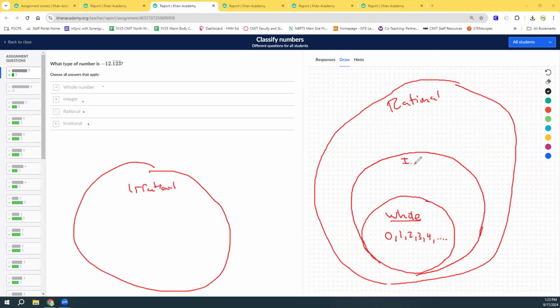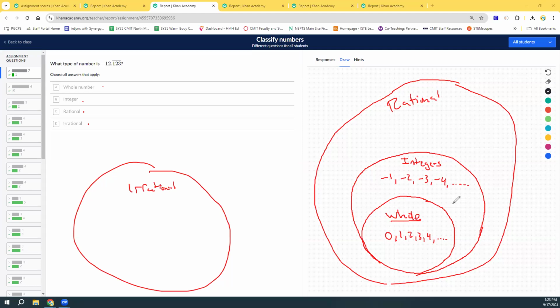Integers. Because last year you learned about adding together positive and negative numbers, right? So the whole numbers don't include any negatives, and then the integers, you get the -1, -2, -3, -4, and on like that.